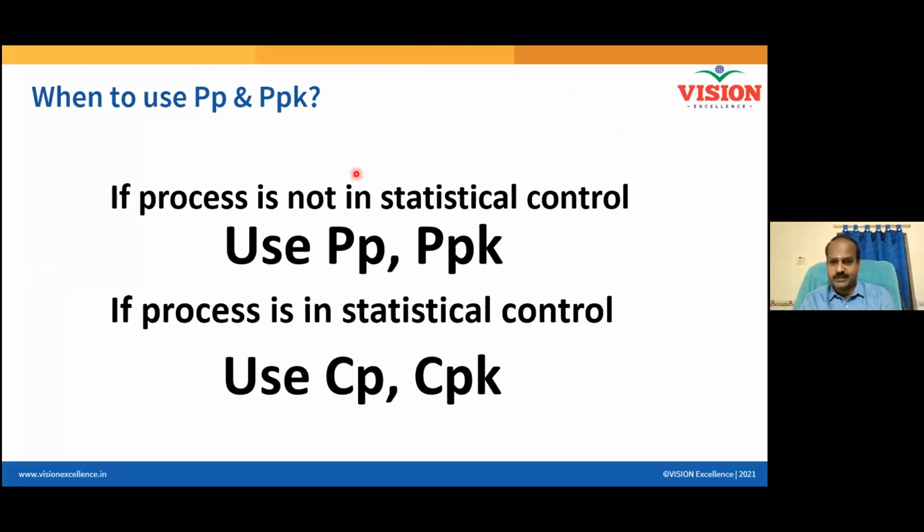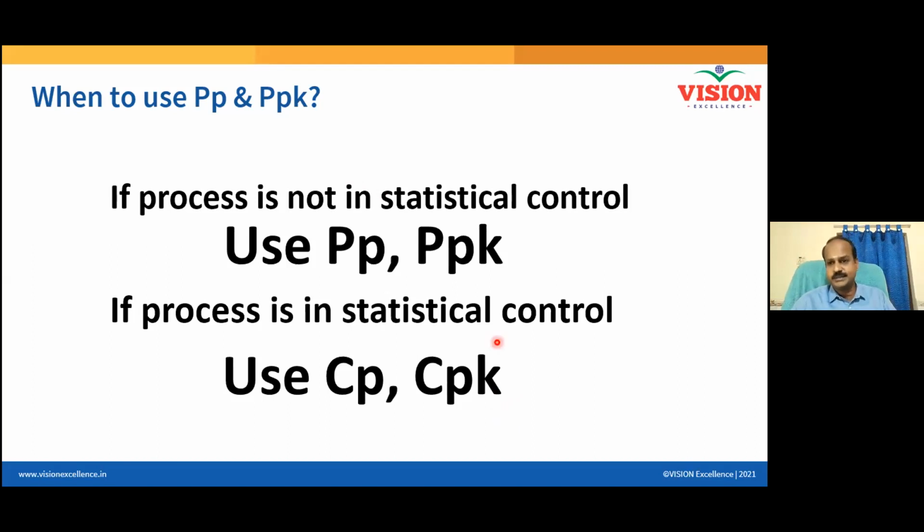So if your process is under statistical control, I recommend that you use CP and CPK, because CP and CPK may not differ much from the PP and PPK. It simply assures that whatever you calculate, your customer will also experience more or less the same. Under such a situation, use CP and CPK.